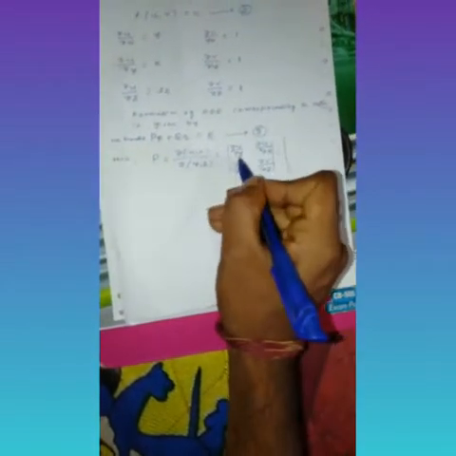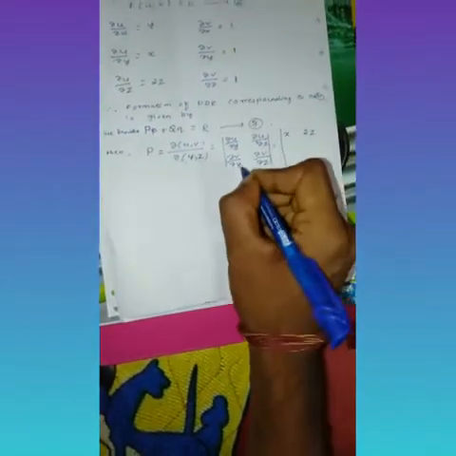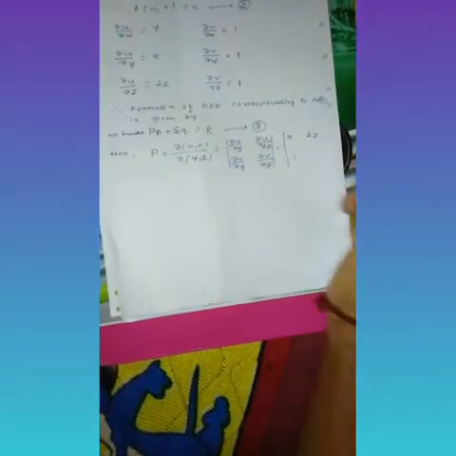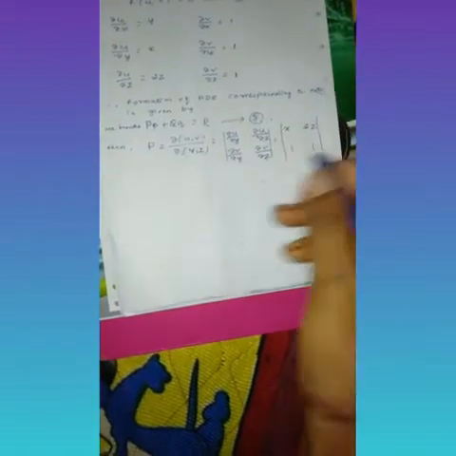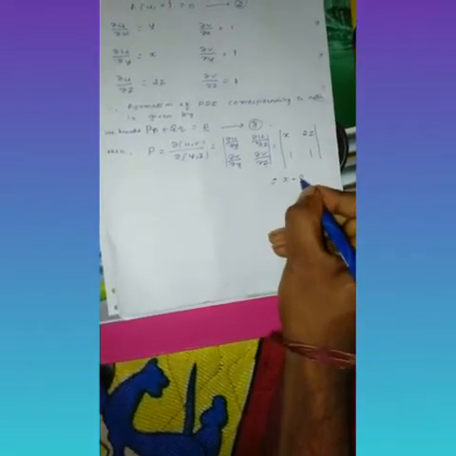We know that dou u by dou y is x, and dou u by dou z is 2z, and dou v by dou y is 1, and dou v by dou z is 1. Now we have to find the determinant, x minus 2z.